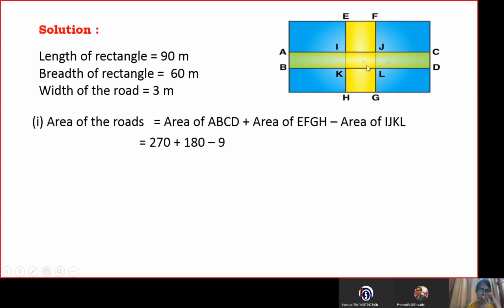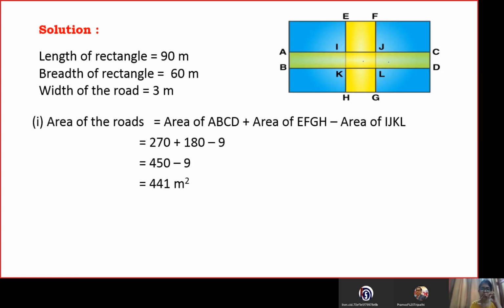It might not appear as a square in the figure, but yes, since the width of the roads is the same, it is a square. So 3 multiplied by 3, that will give us 9. And therefore the area of the road is 441 meter square.